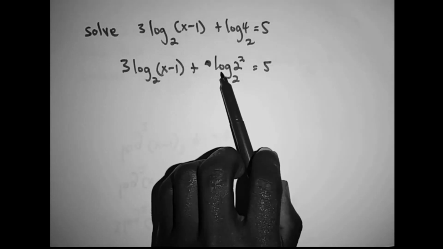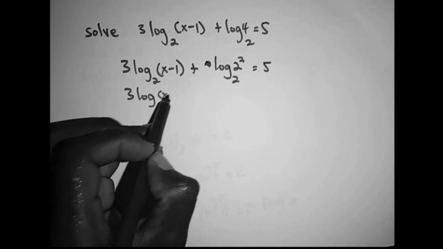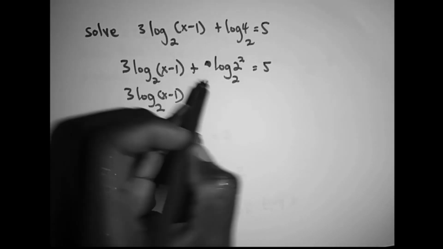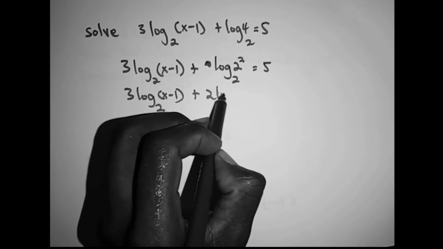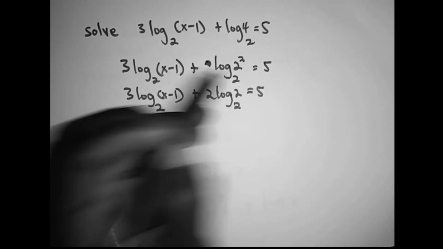So we can then push these two down. So this becomes 3 log (x minus 1) base 2 plus 2 log 2 base 2 equals 5.